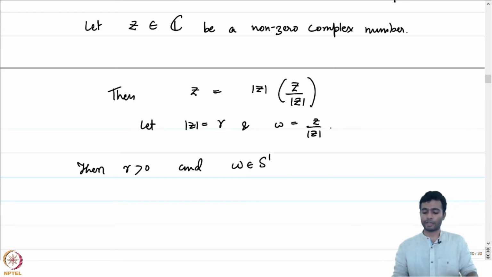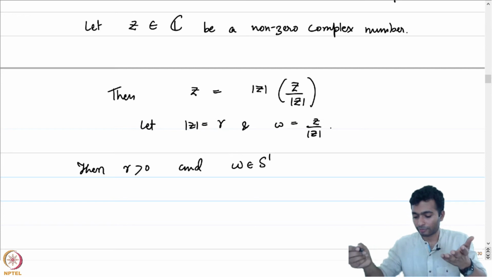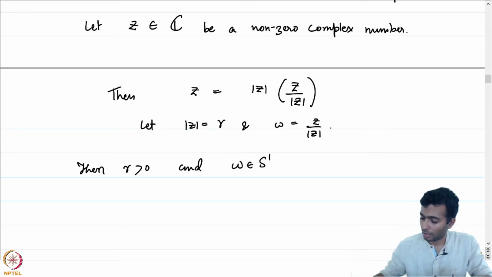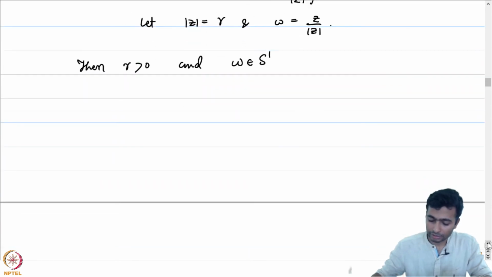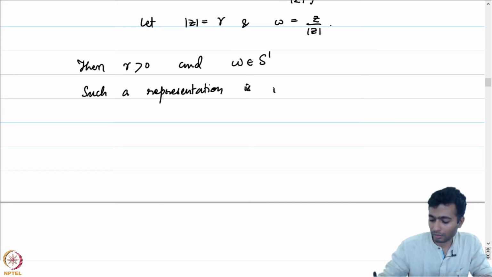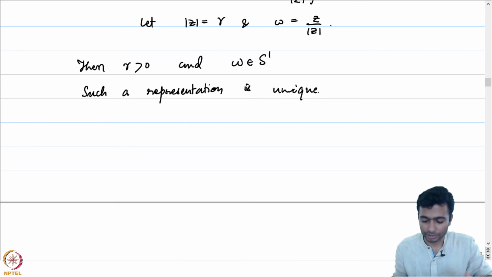The absolute value of omega will be the absolute value of z divided by the absolute value of z, which is equal to 1. And therefore, it is on the unit circle. The second observation is that such a representation is unique. There is no ambiguity there because r is positive. This is a unique representation.